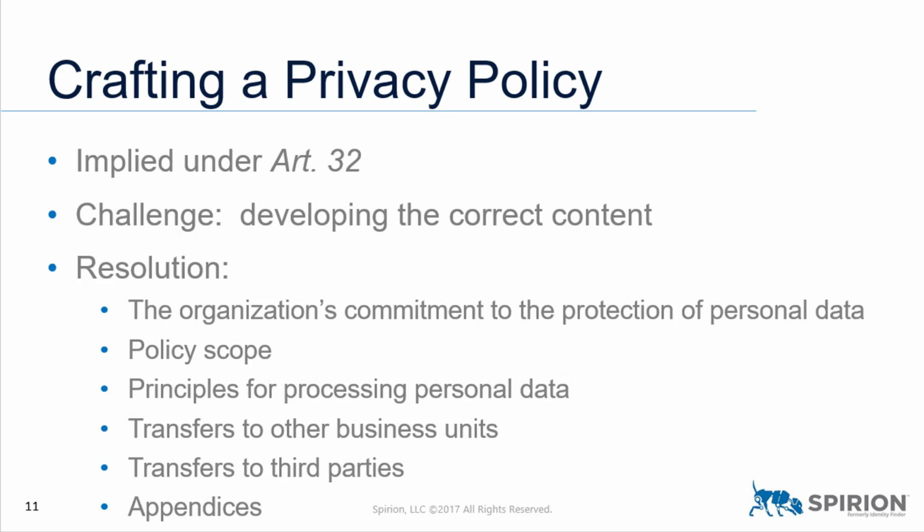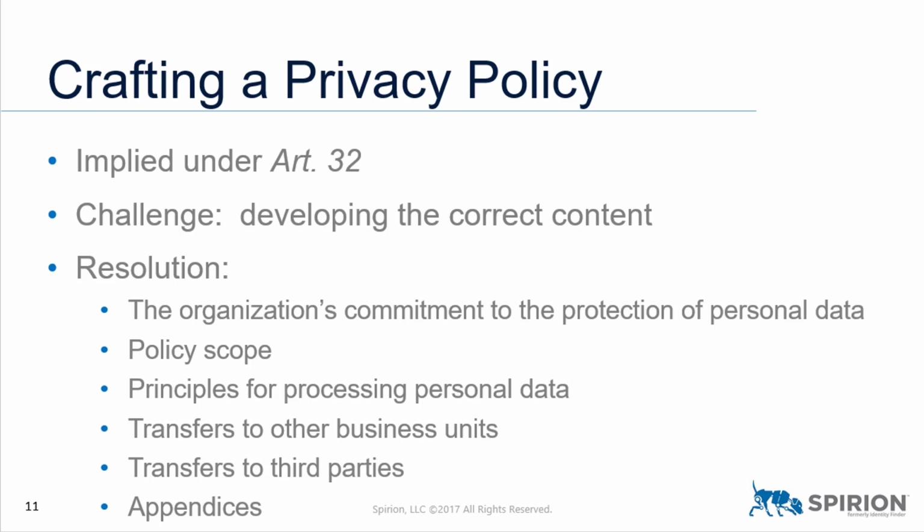So here on the screen, you're seeing I have a very simplified table of contents, if you will, and it just goes through, cites the company's commitment to protecting personal data. It'll give the scope of what kind of personal data is being addressed. It'll give principles, and again, principles, you can go right to GAPP, great principles for processing personal data.